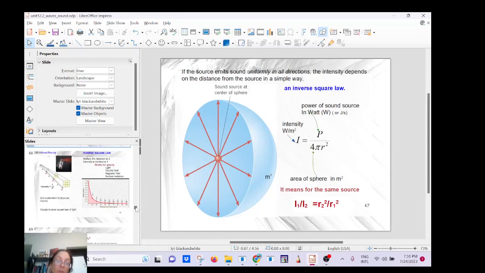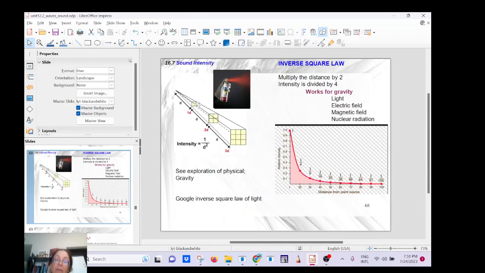So why do I talk about the inverse square law? It's going to work the same way for light, electric field, magnetic field, radiation. When you have a source here and you have some energy flowing, for example nuclear radiation, you're going to have energy being carried. An electric field has energy stored inside.